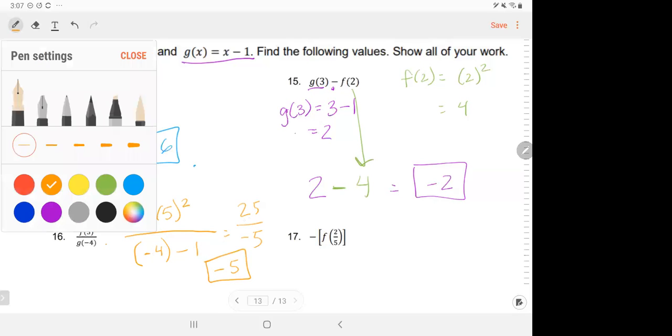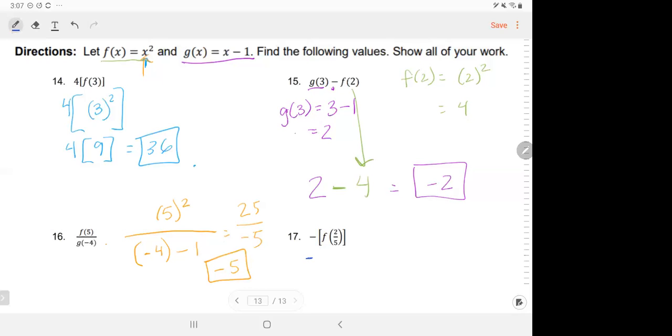And this last one here, a little bit trickier because it's a fraction, and it's saying negative f of 2/5. So let's first deal with this f of 2/5. So my f of is over here. So f of 2/5 will plug in 2/5 for this x squared.